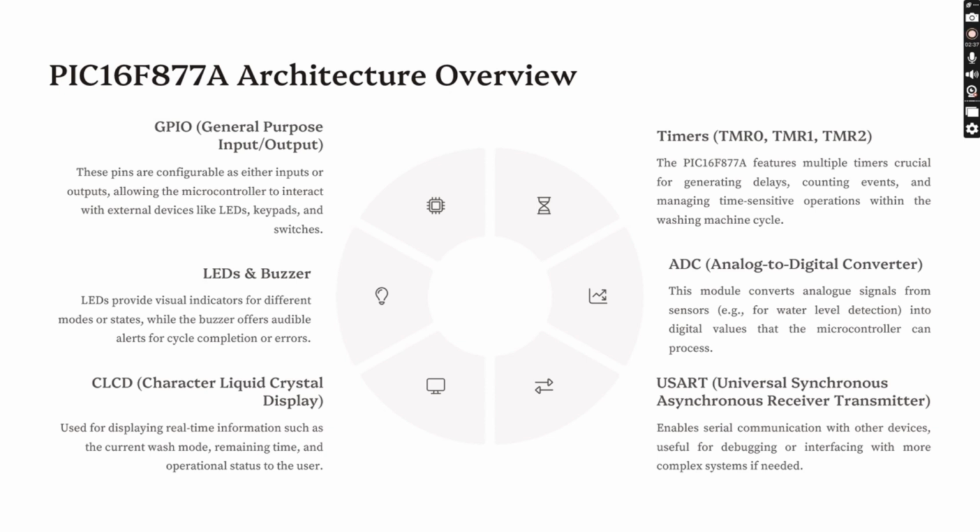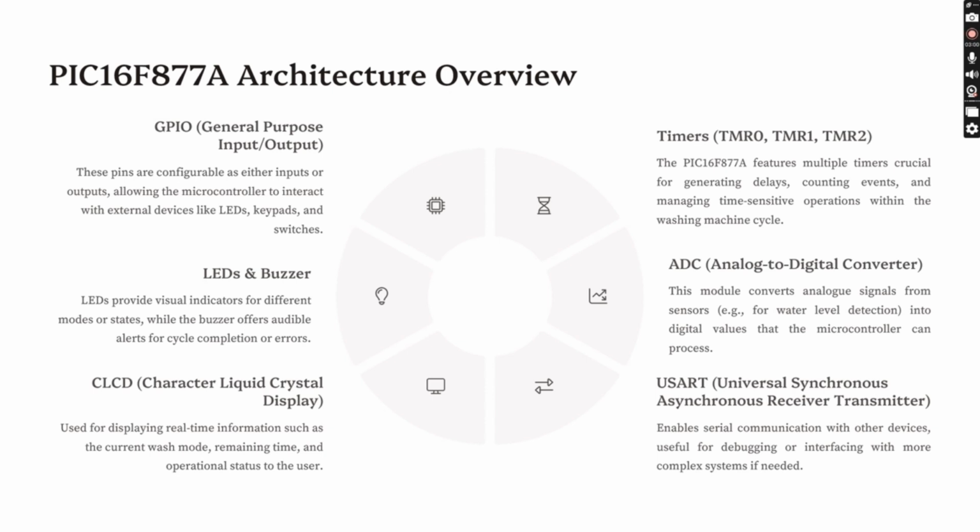LEDs provide the visual indicator for the different modes or states, while the buzzer offers the audible alerts for cycle completion or errors. CLCD, character liquid crystal display, is used for displaying real-time information such as the current wash mode, remaining time, and operational status to the user.